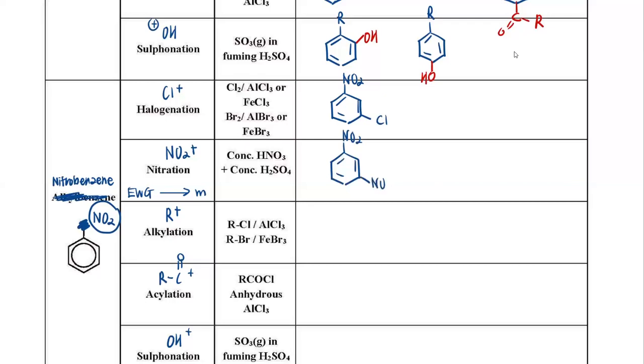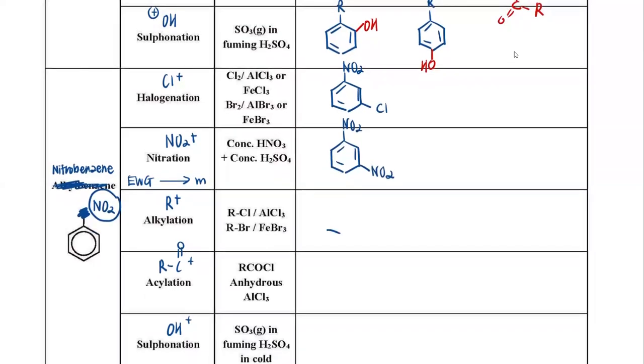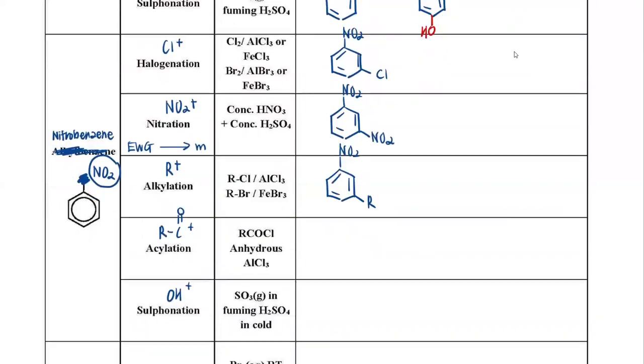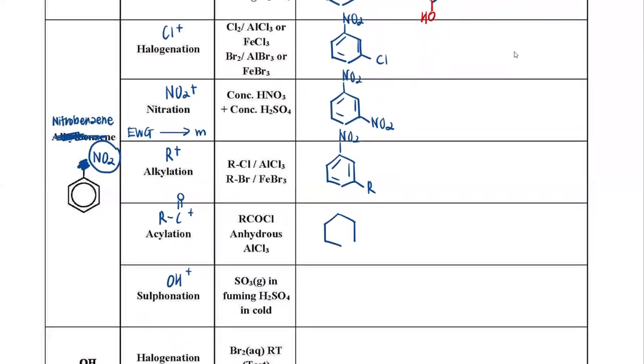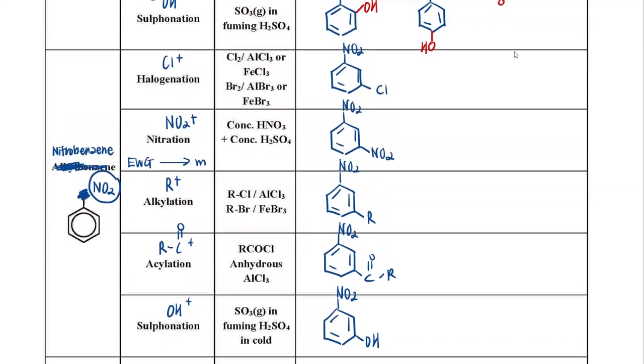So this is NO2. As you can see, no matter what kind of electrophile you have, it's not dependent.